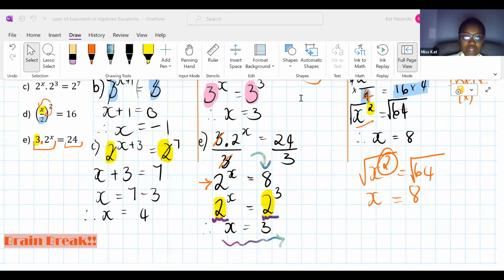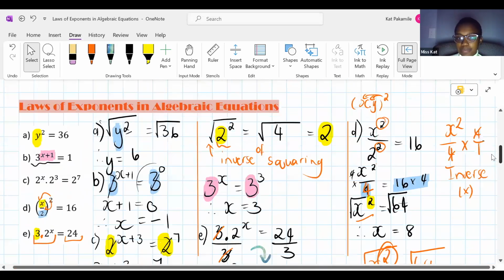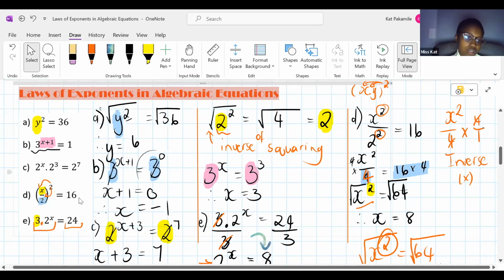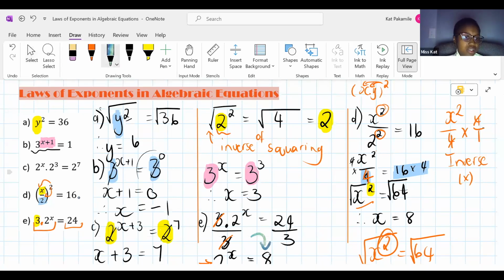I'll say it one more time with number D. First step, we distributed the exponent. There's a law of exponents. Distribute the 2, so then you have x squared over 2 squared. Then you have x squared over 4.